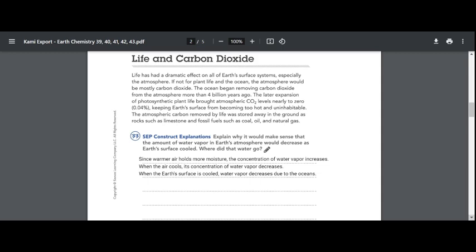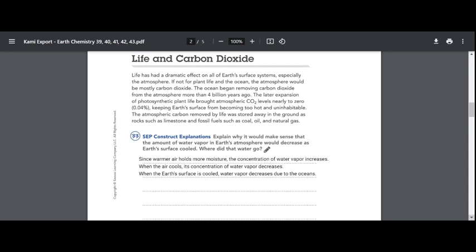The later expansion of photosynthetic plant life brought atmospheric CO2 levels nearly to 0.04%, keeping Earth's surface from becoming too hot and uninhabitable. The atmospheric carbon removed by life was stored away in the ground as rocks such as limestone and fossil fuels such as coal, oil, and natural gas.